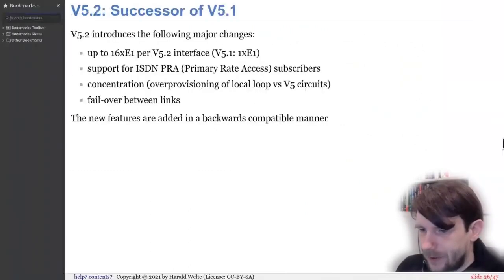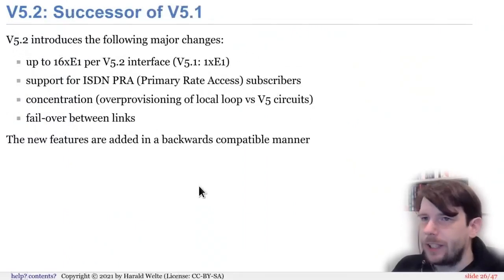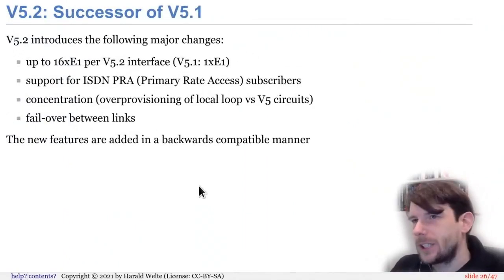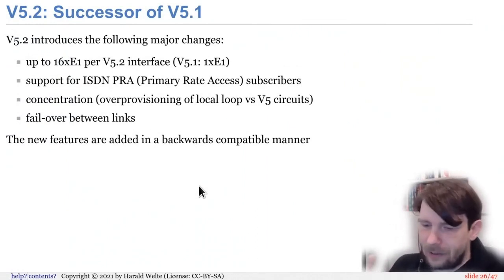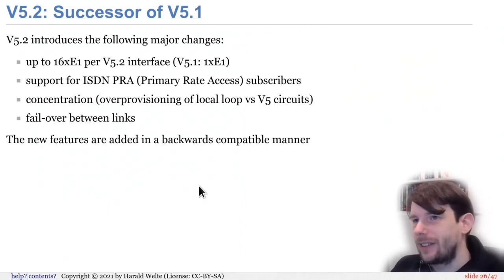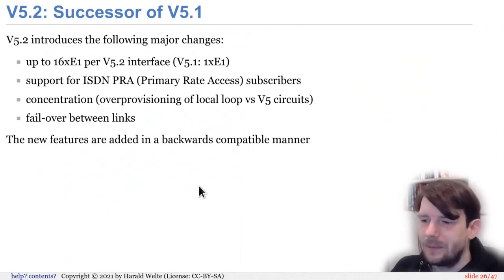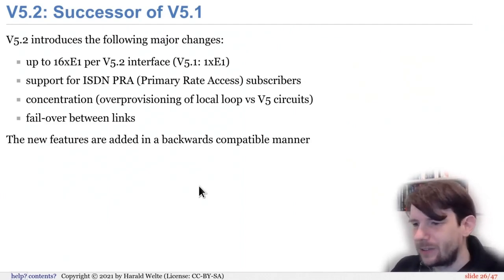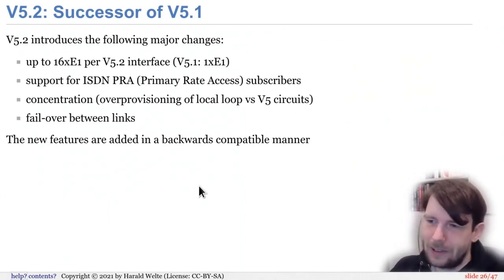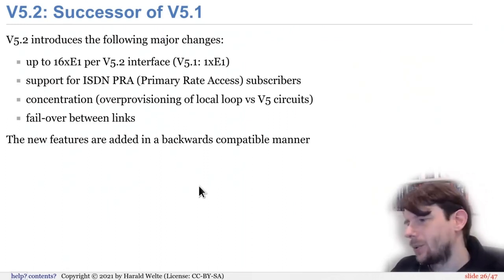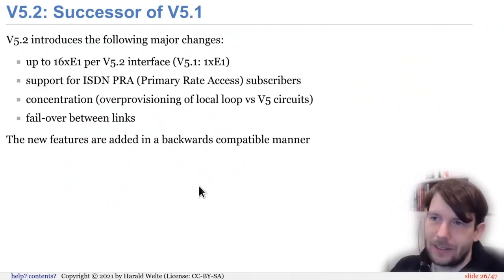Now in V5.2, we have some additional protocols. Why were they introduced? Well, V5.1 is nice and great, but it only covers one E1 line. So basically, one V5 interface is one E1 line, and you have a static mapping of B channels on the V5 side to B channels or analog lines on the subscriber side.